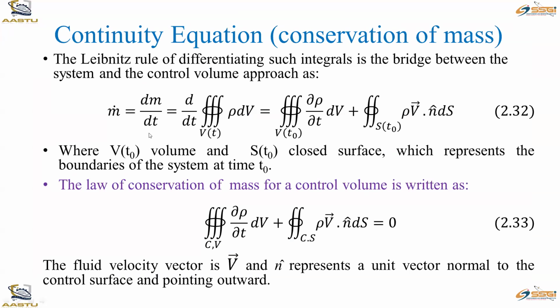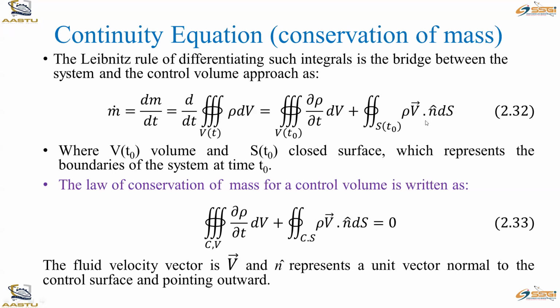M dot means dm/dt, which is equal to the partial derivative with respect to time of the volume integral of rho dV. When we use the Leibniz rule, it leads us from the volume integral to the volume integral of the partial derivative of density with respect to time plus the surface integral.